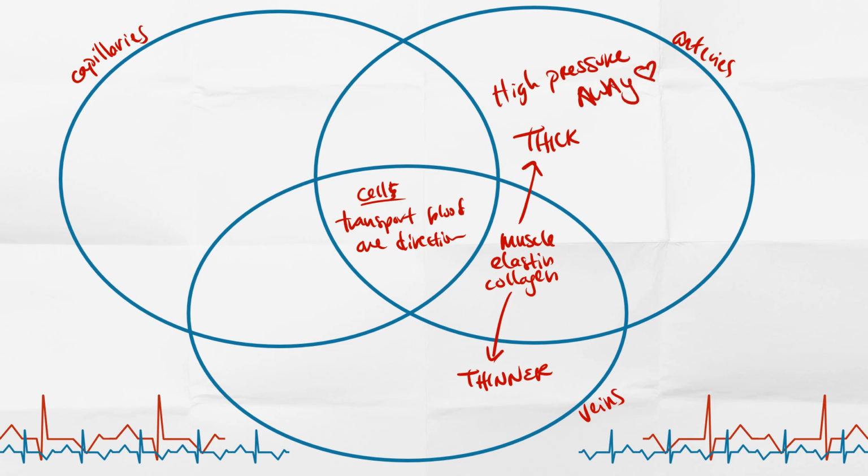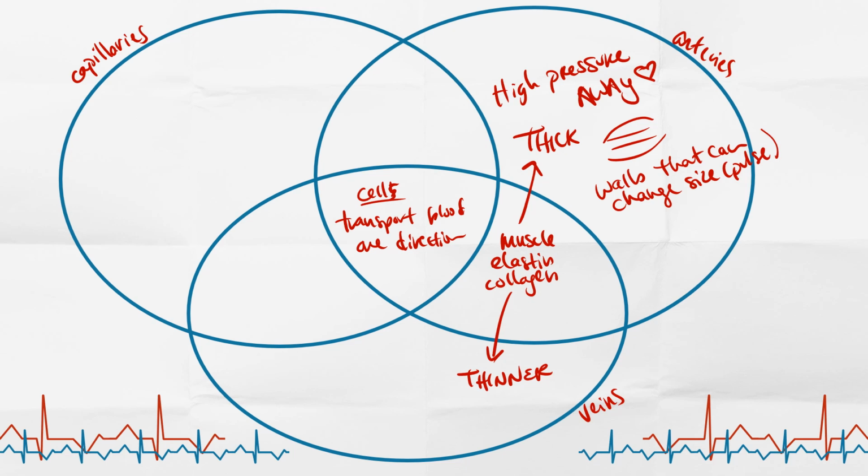And remember that the artery's lumen can actually change size. So it can expand and then contract. So we have walls that can change size. We call that our pulse.